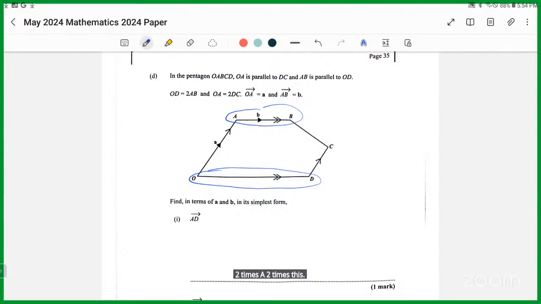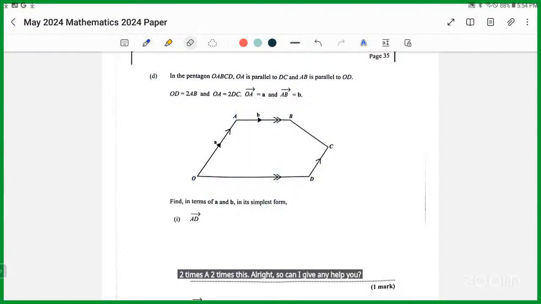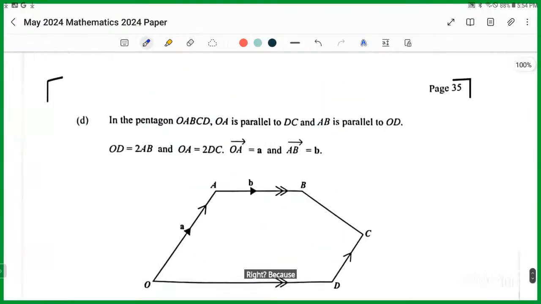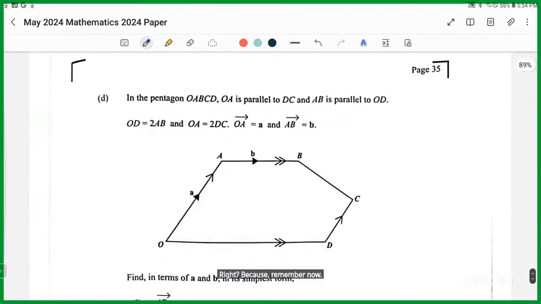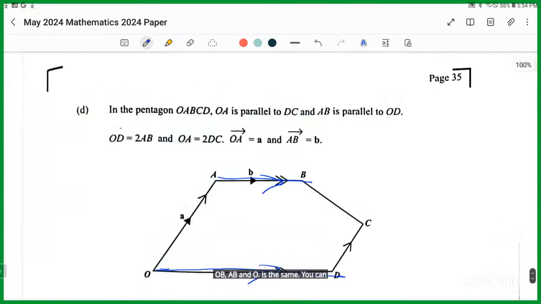Alright, so I cannot give it away. Remember now, since the direction of AB and OD is the same, we can actually add vectors to these. The direction is the same, so we can turn these into vector equations. There's a 2 times relationship.